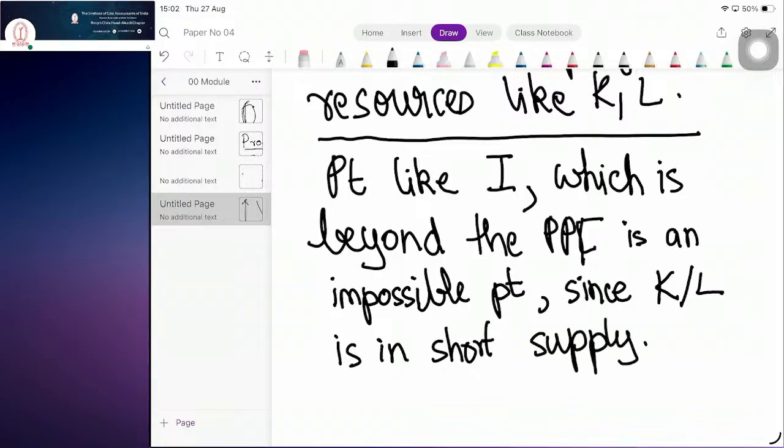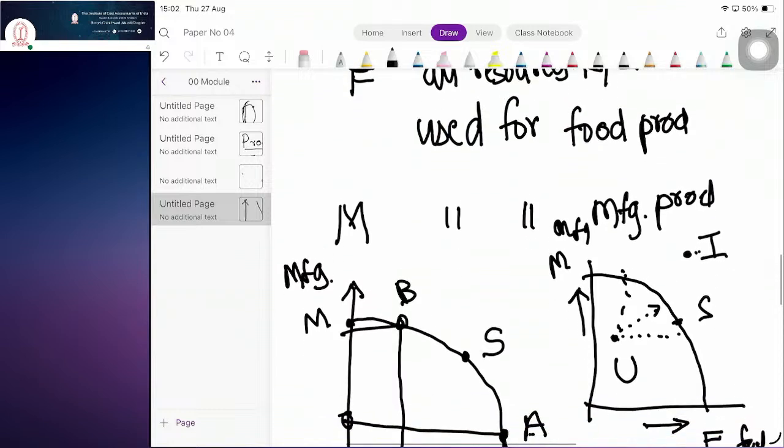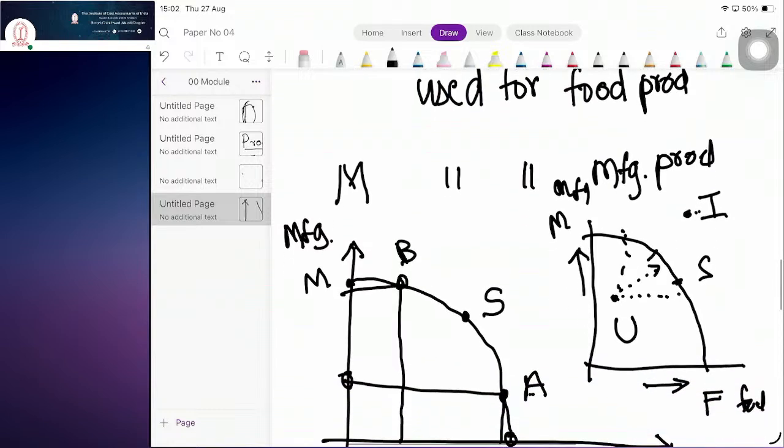It is inadequate. We cannot go and produce I. It is beyond our means. Got it? It means with the current existing technology, we cannot produce at the level of I. Did you all get this?